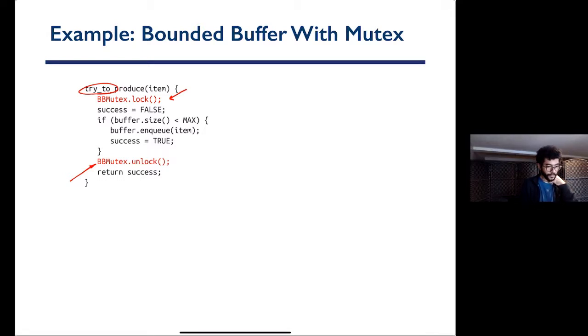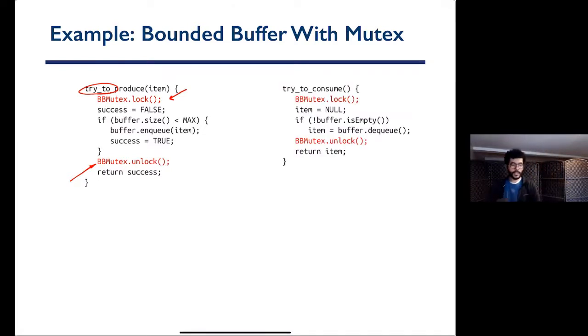Okay. Now let's look at the code for the consumer. So again, at the beginning of the consumer and the end of the consumer, I'm going to lock a mutex, the same mutex. So both of them are using the same mutex. I called it BB, bounded buffer mutex. So in the consumer, it's vice versa.